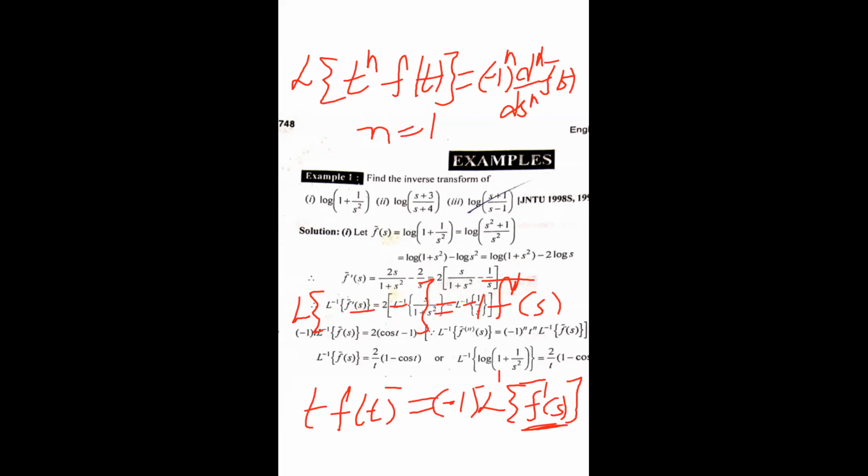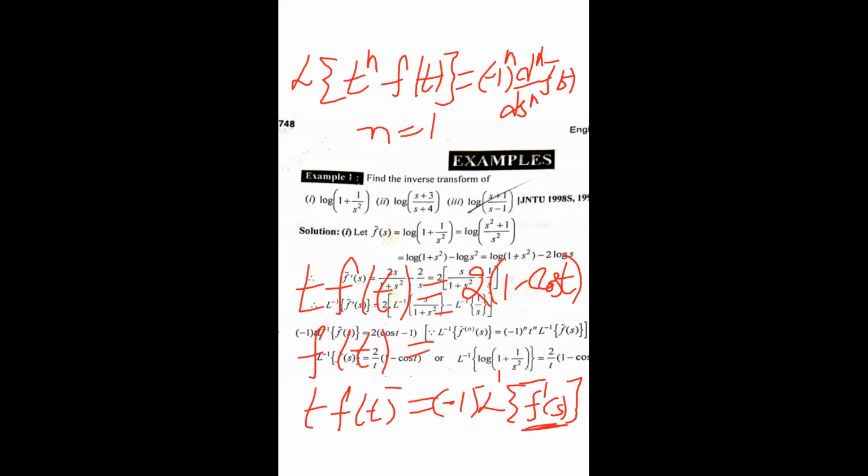So the right side value is 2 into 1 minus cos t. So divide by t on both sides, f of t equals 2 by t into 1 minus cos t. This is the required result. So we have to write f of t equal to L inverse of f bar of s. The f bar of s value is log of 1 plus 1 by s square. The value is 2 by t into 1 minus cos t.